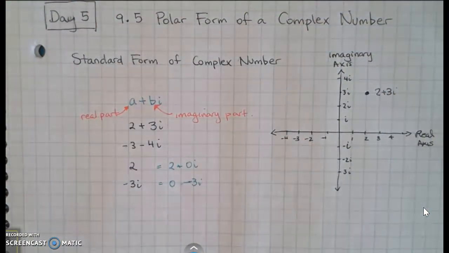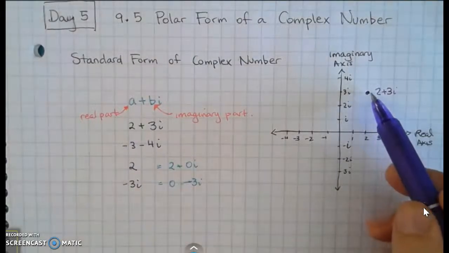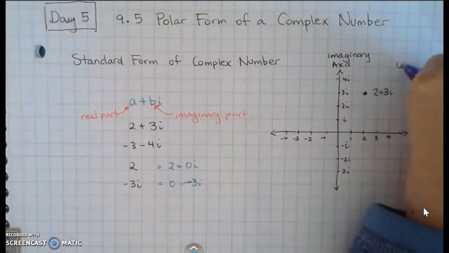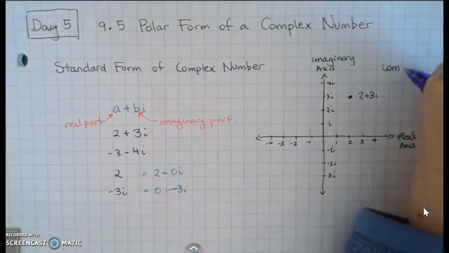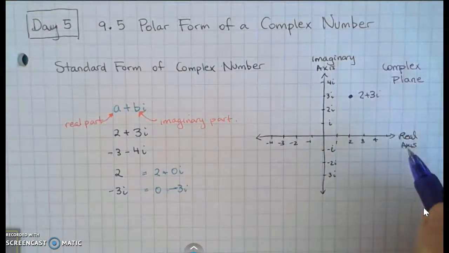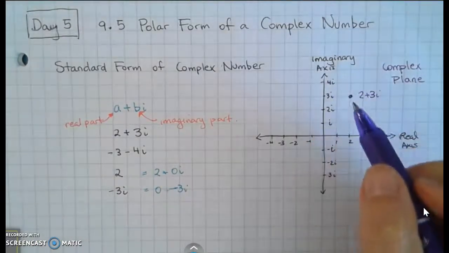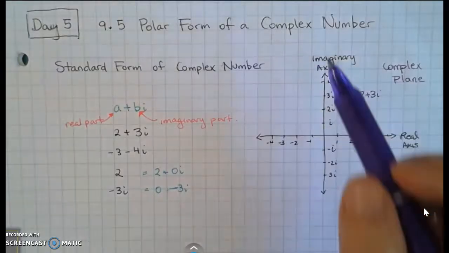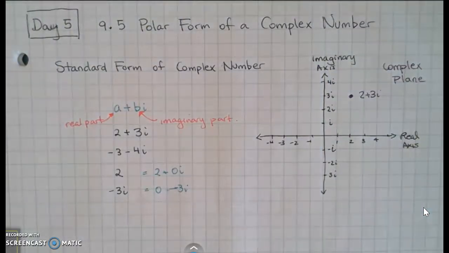It can be graphed in this complex plane, and we call this the complex plane. It's not the real plane because we are dealing with real numbers and imaginary numbers, the real part of the complex number and the imaginary part of the complex number.